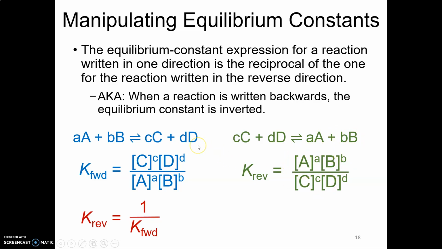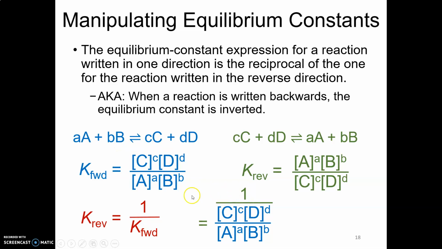Now, when you flipped a reaction in chapter 9, what you did was you just changed the sign, right? You took a positive number and made it negative, or you took a negative number and made it positive. But that's not going to work here because what you've done is you've flipped a fraction. So taking the negative doesn't account for this. You have to take the inverse, okay?